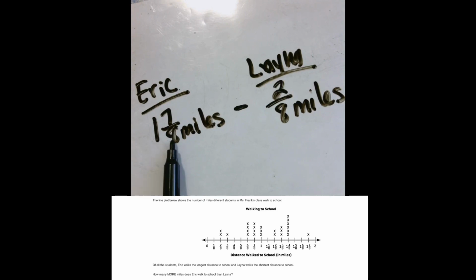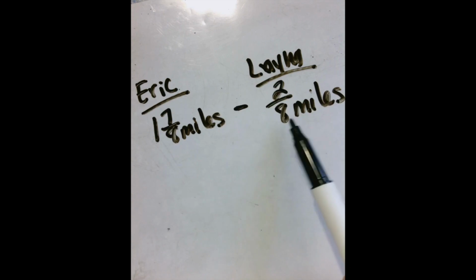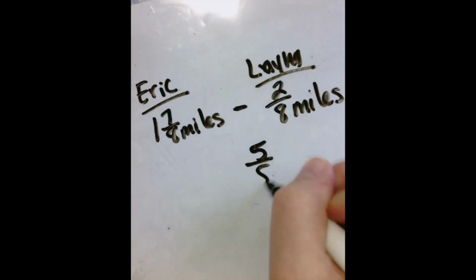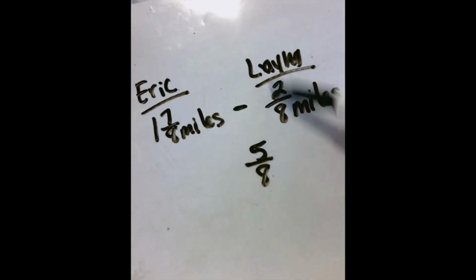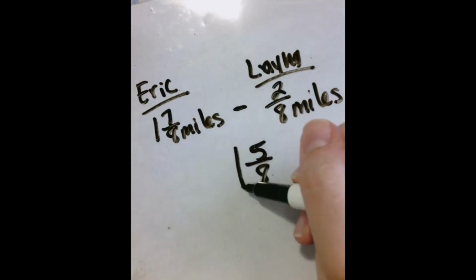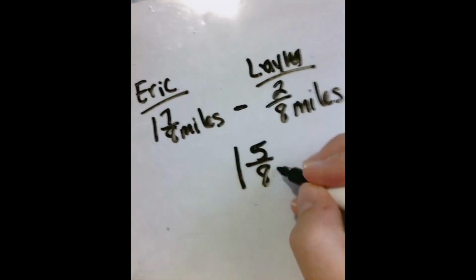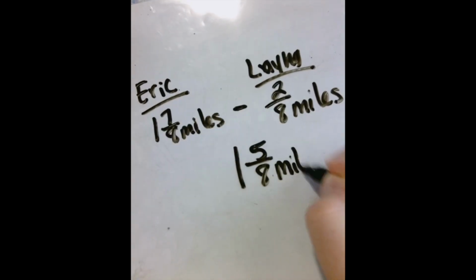The way this problem is set up, all you have to do is take the fraction from the fraction. So 2/8 from 7/8 is 5/8. Then we have no whole number here, so we just bring down our 1. So Eric walked 1 5/8 miles farther than Lena did.